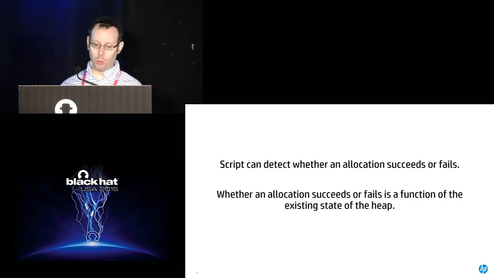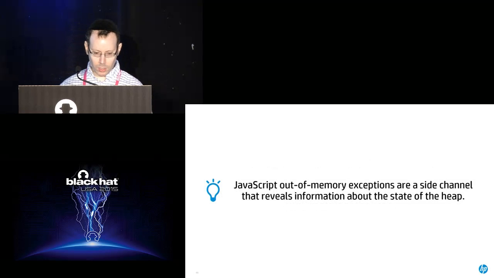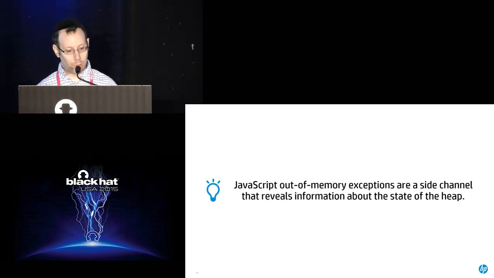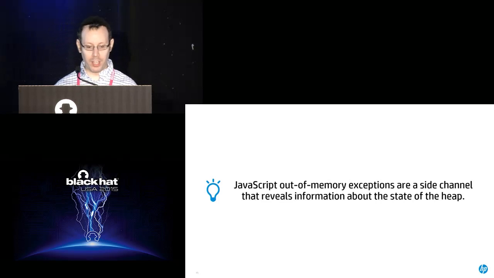Script can detect whether an allocation succeeds or fails. And whether it succeeds or fails is a function of the existing state of the heap. In other words, JavaScript out-of-memory exceptions are a side channel that reveals information about the state of the heap. And that's exactly the side channel that we need in order to get information back from memory protection.